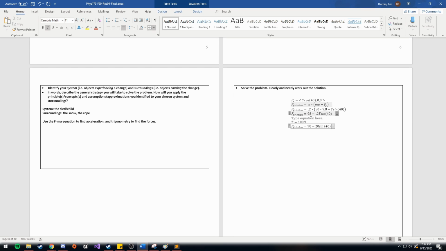What is 20 times the sine of 40? The normal force is going to be really small because 100 sine 40 is really small. Wait, 20 times sine 40 really is big. 12.856.